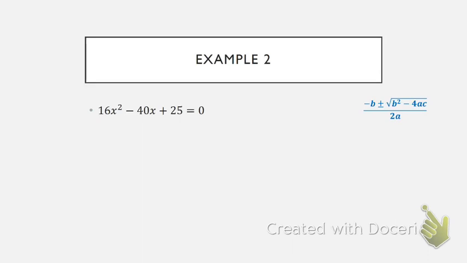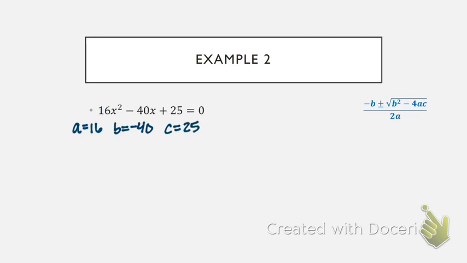All right, here's one with giant numbers, just to show you that we don't have to be scared of giant numbers. So we have a equals 16, b equals negative 40, and c equals 25.